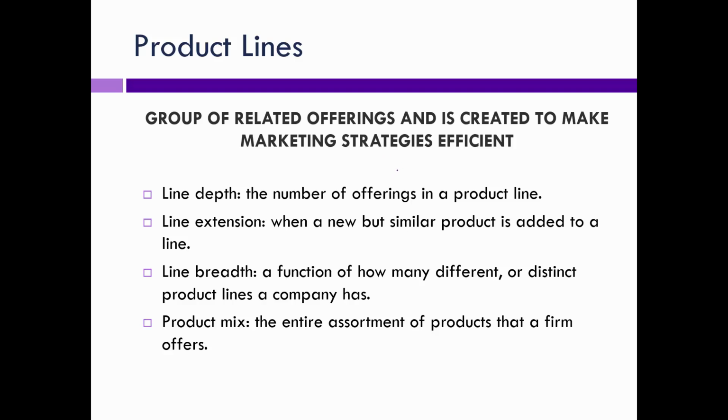So think about flavors of Cheerios. So there's the regular, and then there's the multigrain, and there's the honey nut, and there's all those different ones. And so the more different offerings within that same product line you have, the deeper the line is. One of the ways that you can grow your market is a line extension, where you have similar products added to the same line.